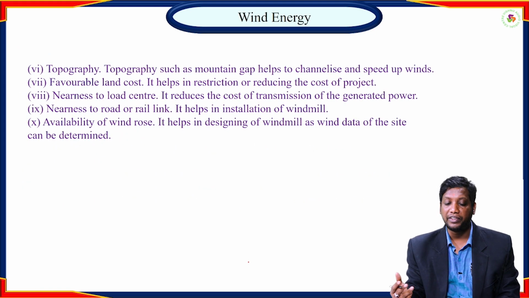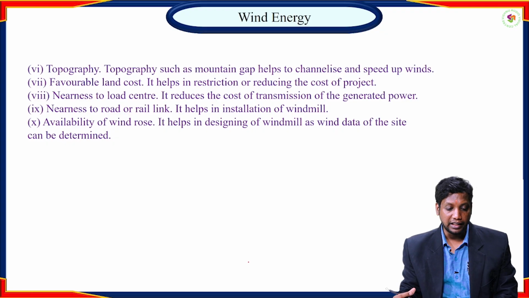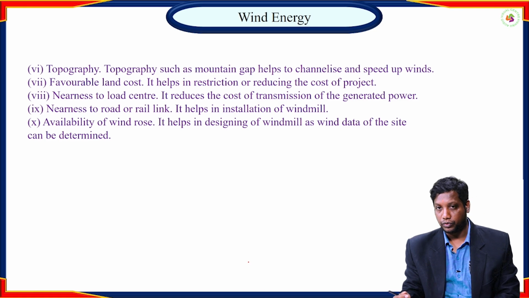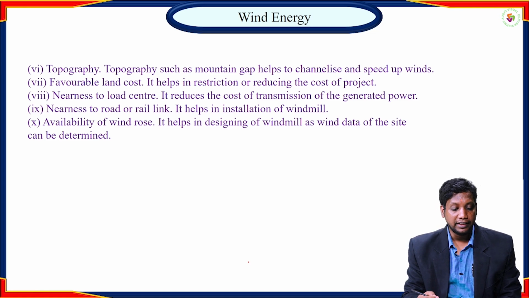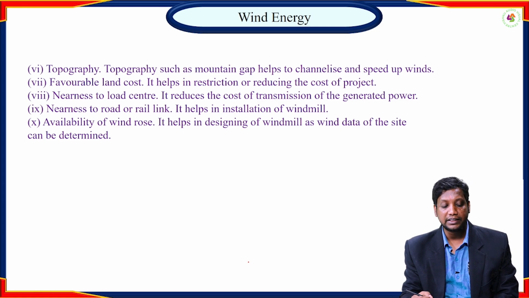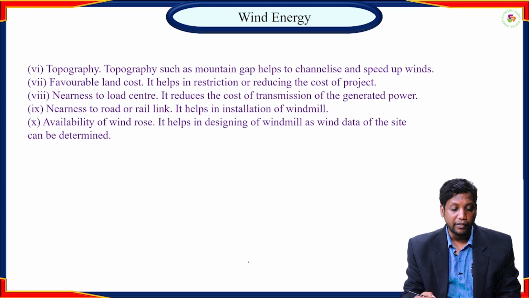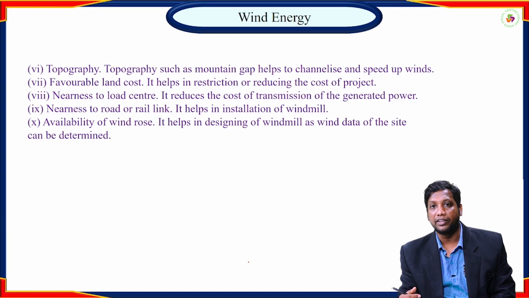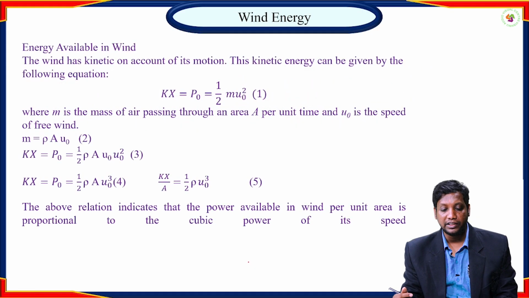What is the topography of the location, and what is the favorable land cost at the particular site, and the nearness of the transport system to the site? And also the availability of a wind rose diagram. These are the things required for site selection for a windmill.